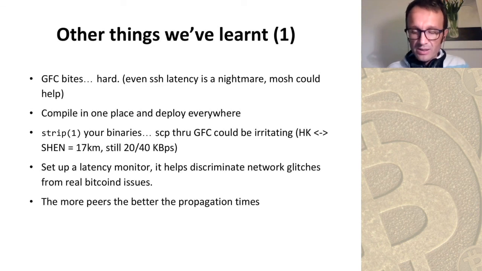Another point, as I said before, is to set up a network latency monitor so that you can discriminate between network glitches and real Bitcoin issues. And another important thing that we have learned is that the more peers are involved in the design of the test, the better the propagation times are.